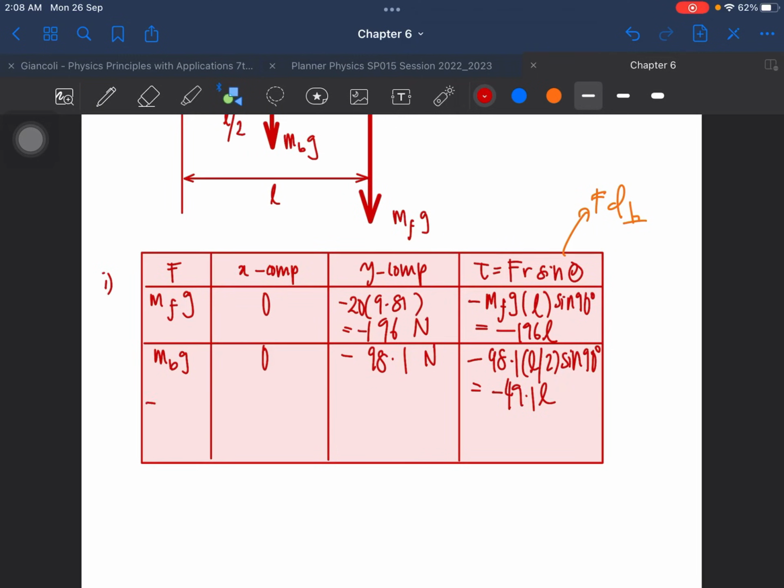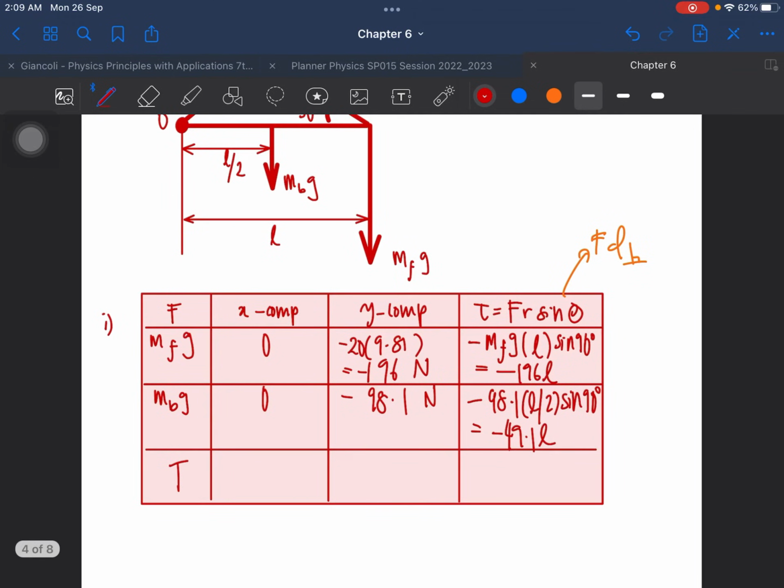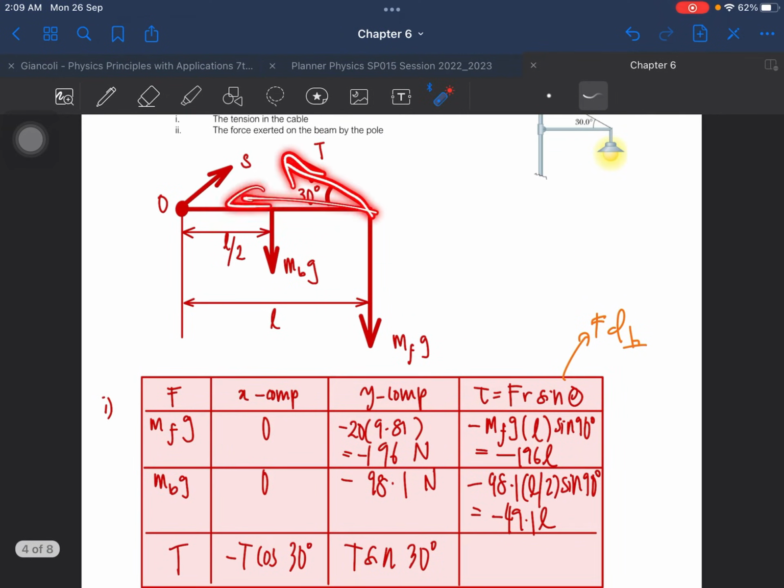And then we have the third one, the third force, which is tension. Tambahlah satu sini nanti. So the tension has x component negative T cos 30 degree, and y component T sine 30 degree. Why is it negative? Because this is pointing to the left, this is pointing up, so it's positive.